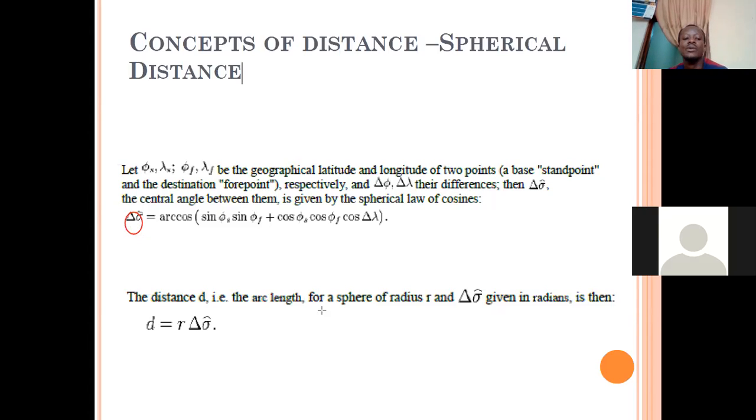Then the distance on the ground can finally be obtained. So we need to recognize that we can compute spherical distance, different from Manhattan distance, different from Euclidean distance. In GIS, just keep in mind the kind of distance that you are dealing with. All right, great.